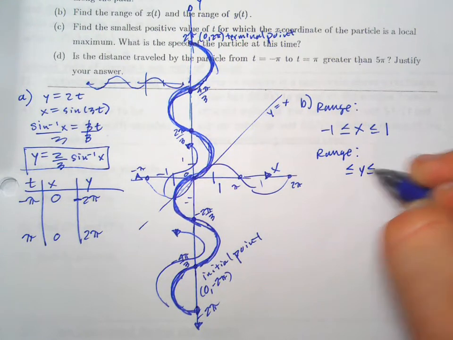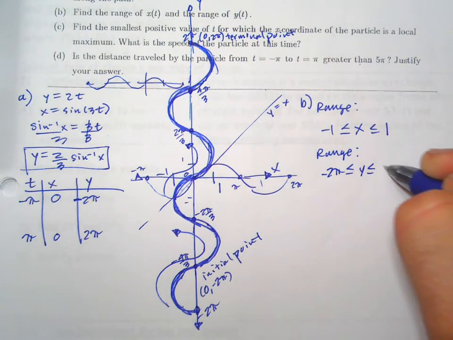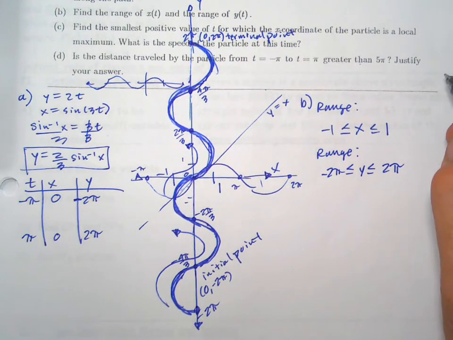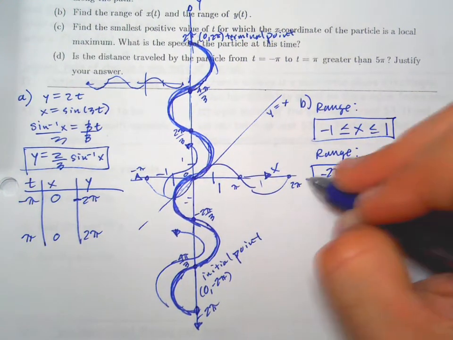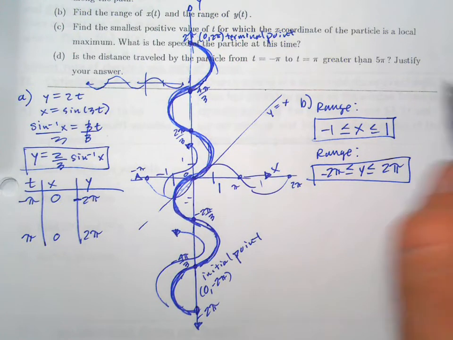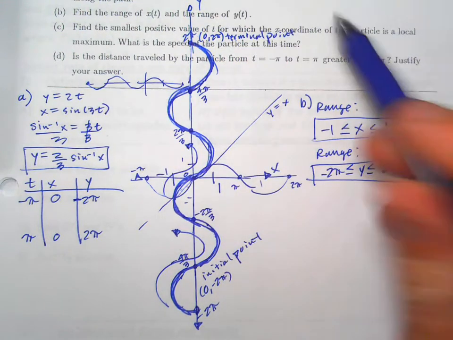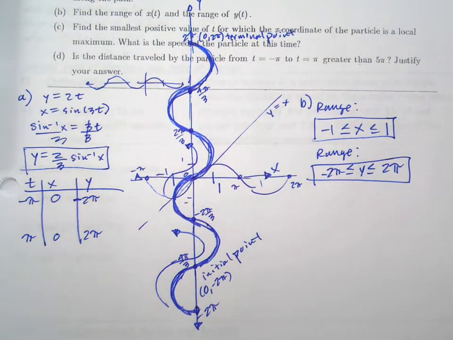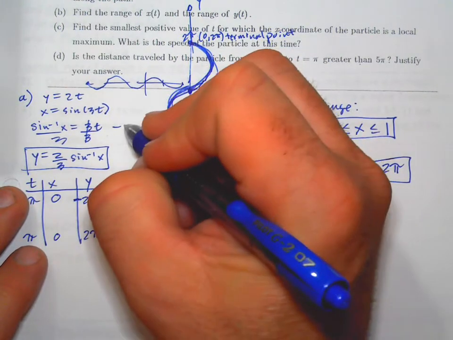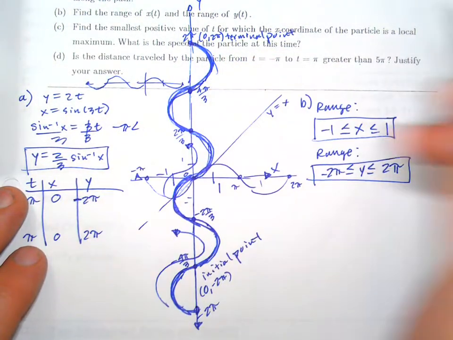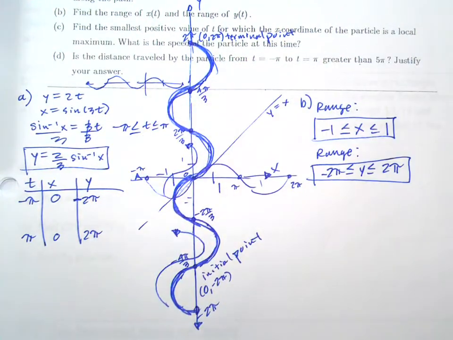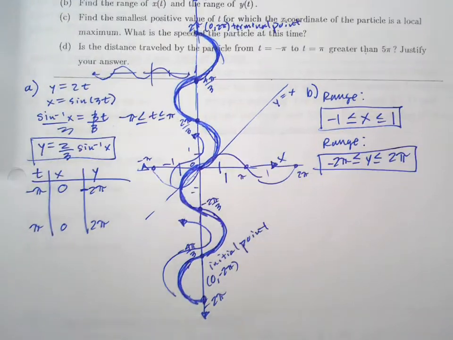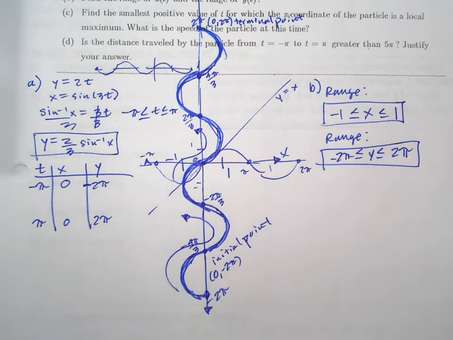Well, they go from -2 pi to 2 pi. So I'm just basing this off the graph. But you could look at these. So range depends on domain, and we know that we're supposed to be using -pi to pi for t.